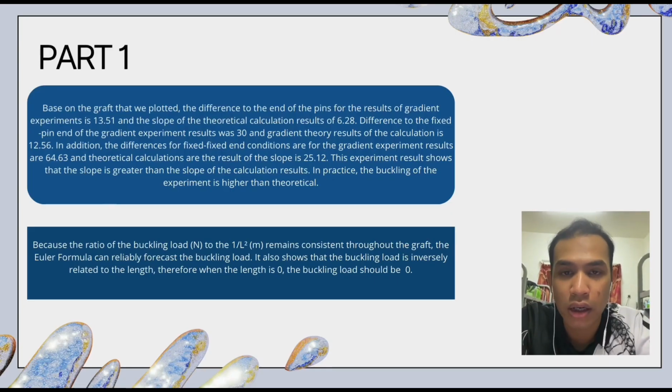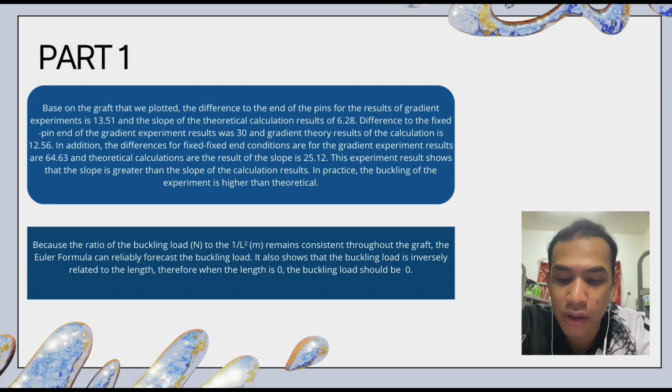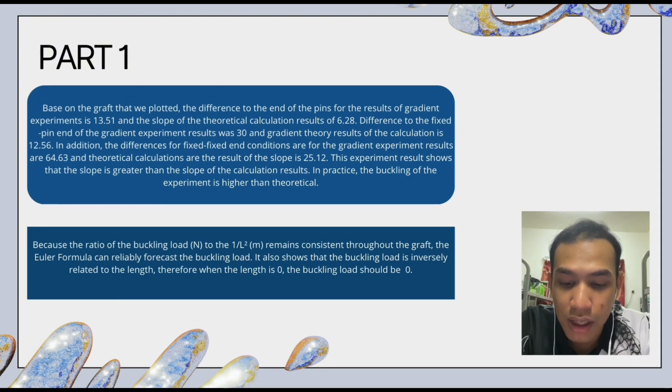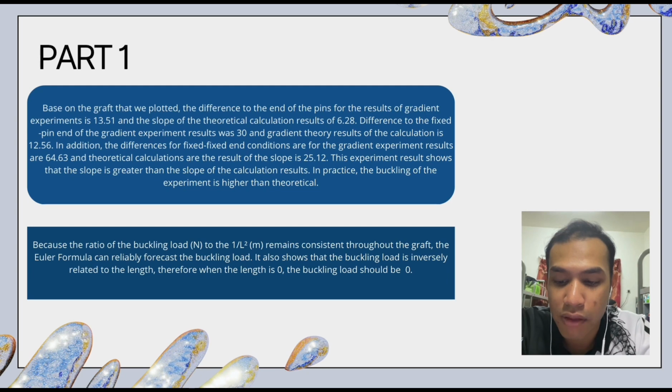Okay, so based on the graph that we plot, the gradient for the pin from the experiment result is 13.51, and the slope for the theoretical calculation result is 6.28. For the fixed pin, the gradient experiment result was 30, and the gradient theory result for the calculation is 12.56.